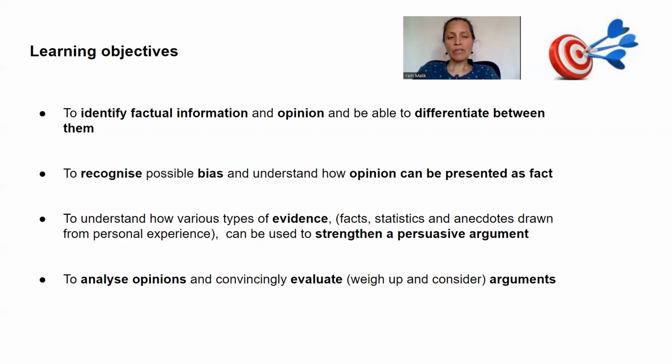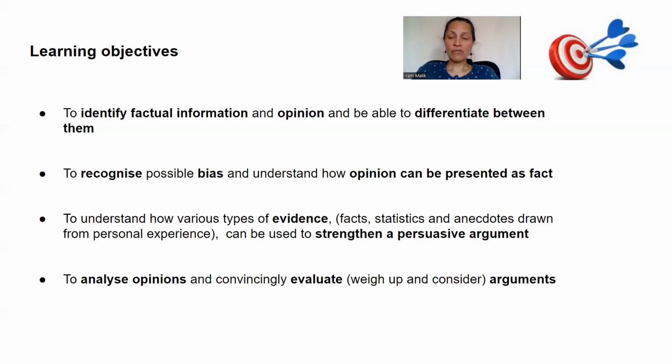And then we're going to have a think about how different types of evidence are used in writing to try and convince the reader, often in persuasive pieces, to strengthen the argument and make it more convincing.